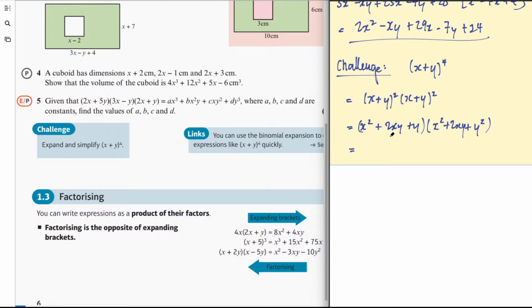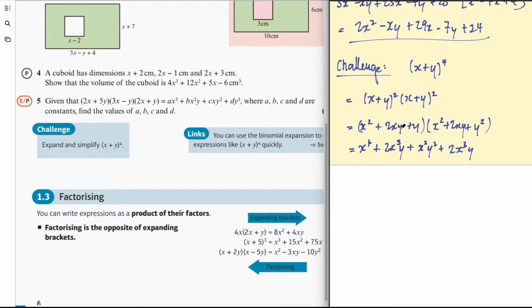The way that I do this is, again, just multiply everything by everything. So the x squared multiplied by everything in these brackets, 2xy by everything here, and you could even write it as x squared multiplied by x squared. That's going to take too much time, so let's just do it mentally. So x squared multiplied by everything, we'll have x to the power 4 plus 2x cubed y plus x squared y squared, plus 2x cubed y.